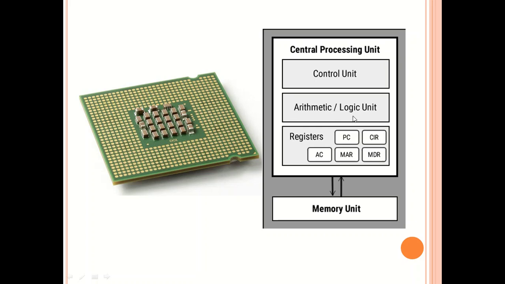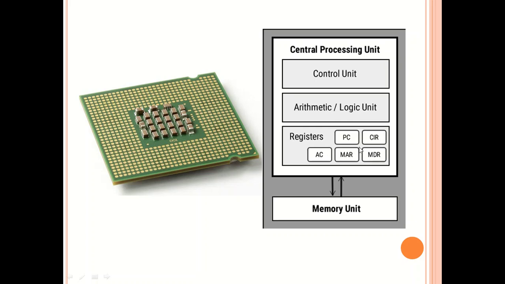Basically it does the comparison and logical operations. Then we have the registers. We have the program counter, the instruction register, the accumulator register, the memory address register, and so on and so forth. These are just examples of registers found within the central processing unit.